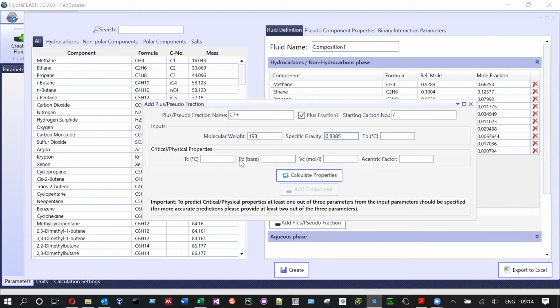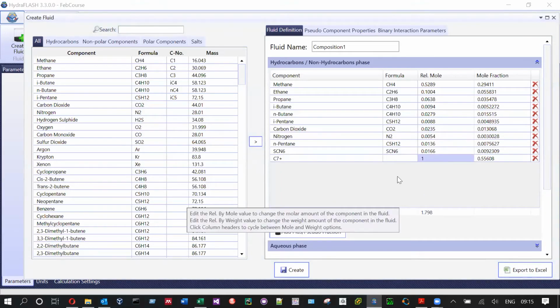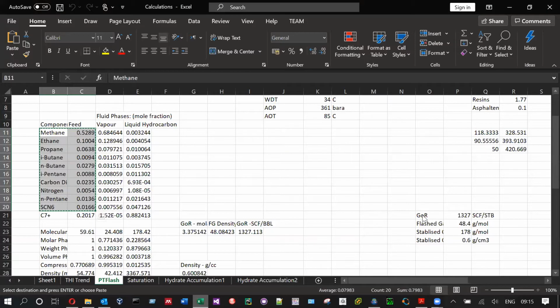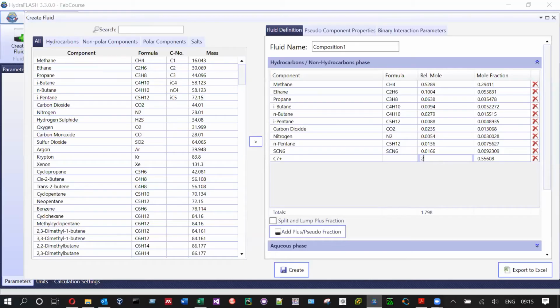The boiling point and critical properties can now be calculated, and then I press add component. The mole fraction of the pseudo component was 20.17. I'm sorry.